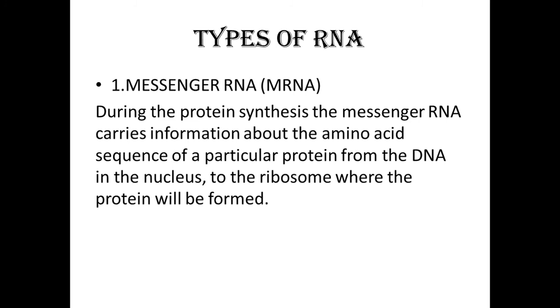Number one, let's look at the messenger RNA. During protein synthesis, the messenger RNA carries information about the amino acid sequence of a particular protein from the DNA in the nucleus to the ribosome, where the protein will be formed.